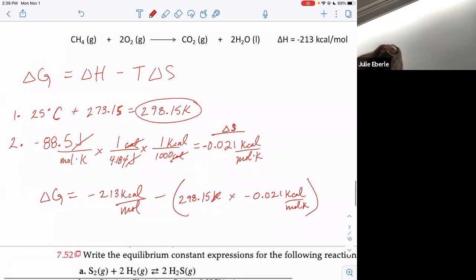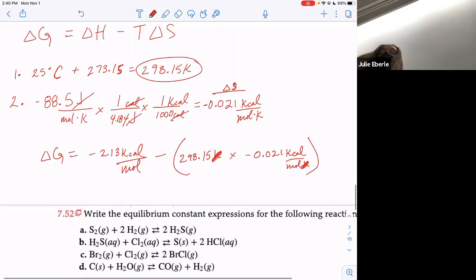You'll see the Kelvin cancels with the one in the delta S term, and we just end up with kcal per mole, and you can add and subtract those units since they're the same. We do the negative 213 minus the product of 298.15 and negative 0.021.